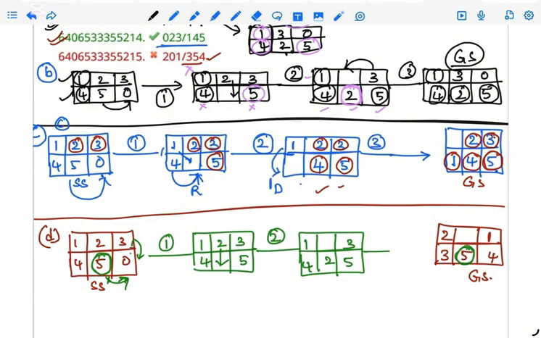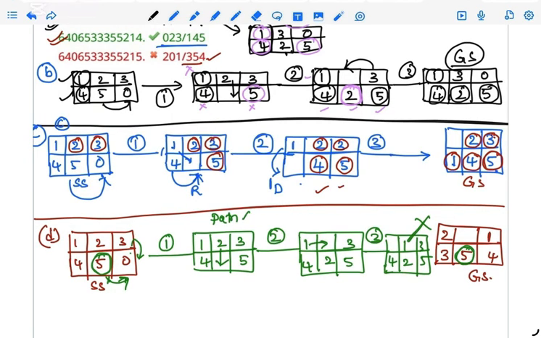For the third move, 1 2 here, so move 1, 4 2 3 5. We cannot reach the goal state using this path, that is path A.